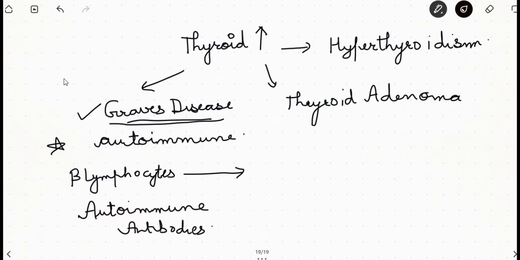These antibodies act as TSH and bind with the membrane receptor of the TSH, activating the cAMP system of the thyroid follicle cells. That results in hypersecretion of the thyroid hormones.